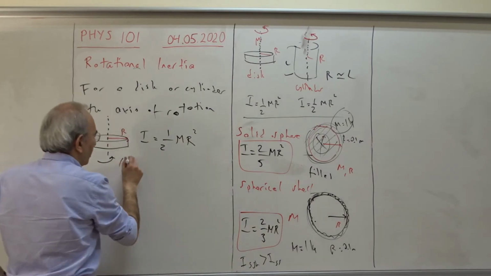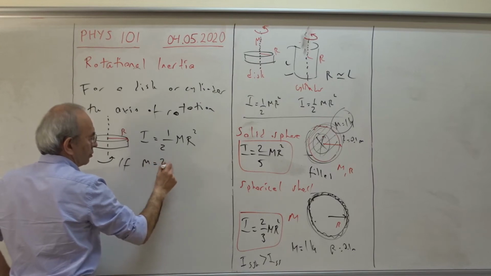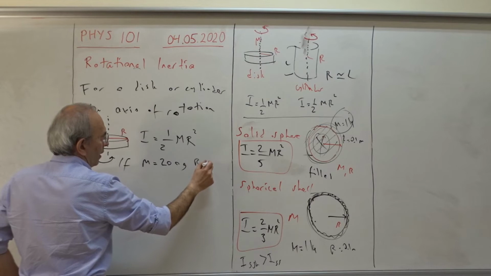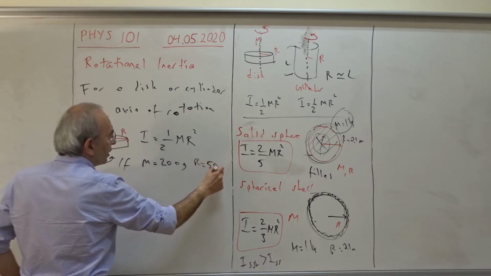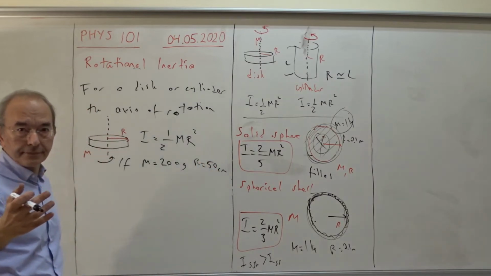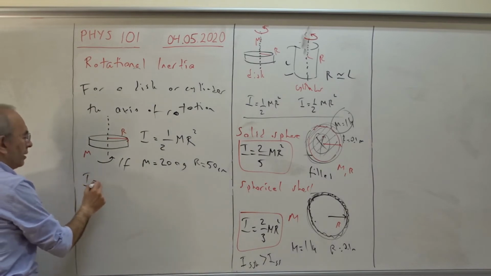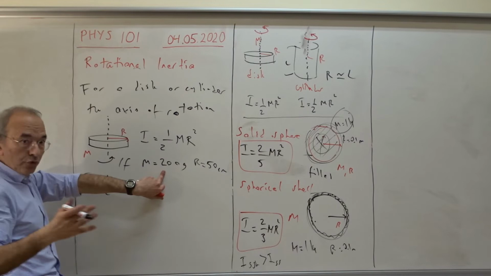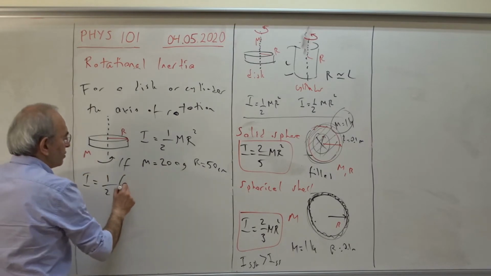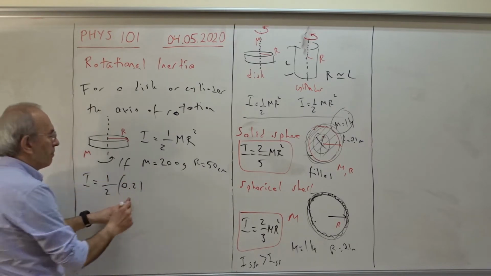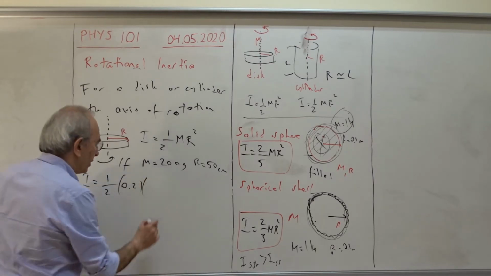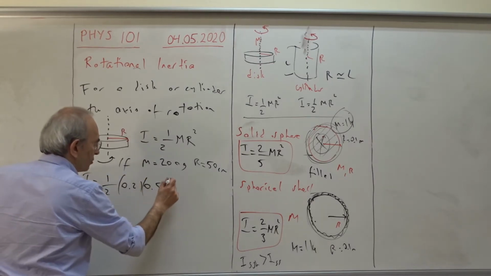For example, if m is equal to 200 grams and r is equal to 50 centimeters, what is the inertia? Let's put the numerical data in: 1/2 m. What is m? Of course we don't use 200, we write 0.2 kilograms, multiplied by radius, but we don't write 50, we write 0.5 meters, squared.